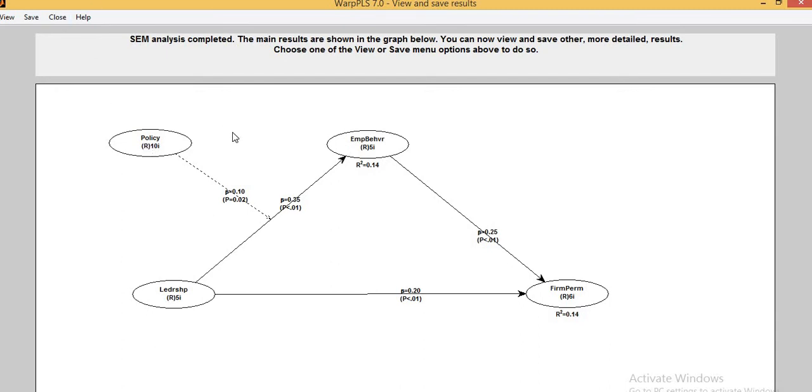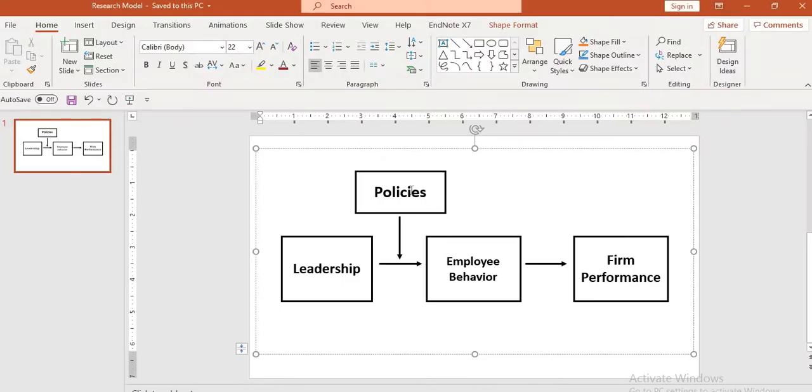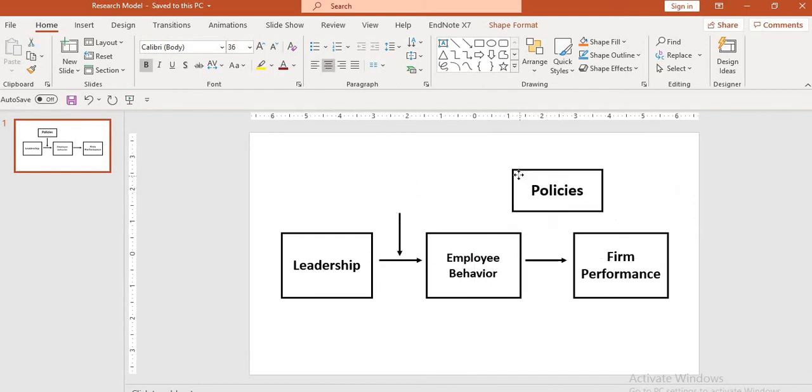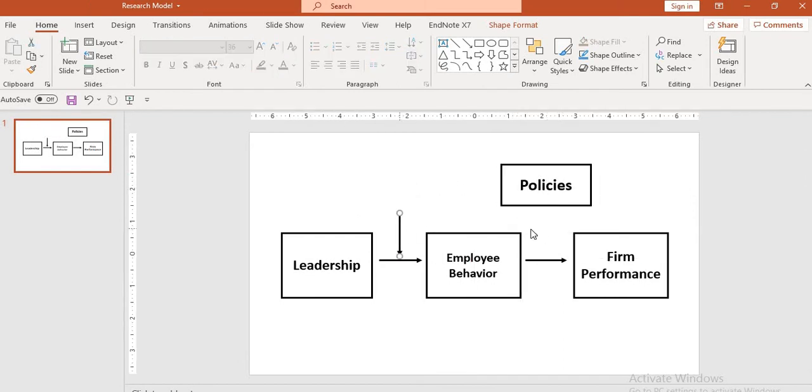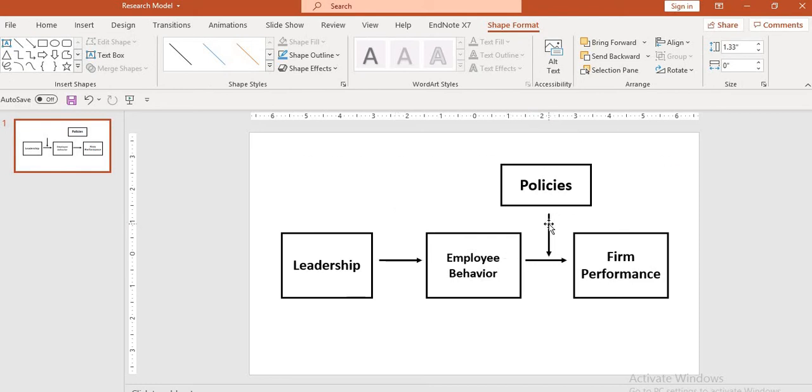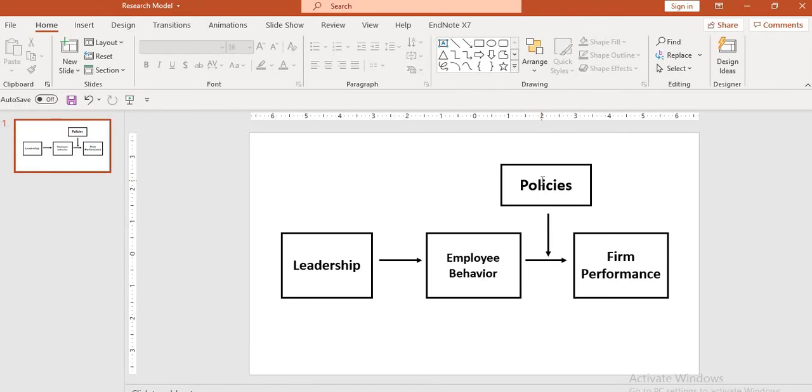When you draw a structure, the factor analysis and the structural modeling depend upon the structure. Please note that if you change this structure, you can put this policy here and this relationship here. This is a different structure. The model fitness, all the values of factor loadings, even the reliability, even the VIF, even the multicollinearity, composite reliability, Cronbach alpha and AVE, all the values must be changed by changing this structure.